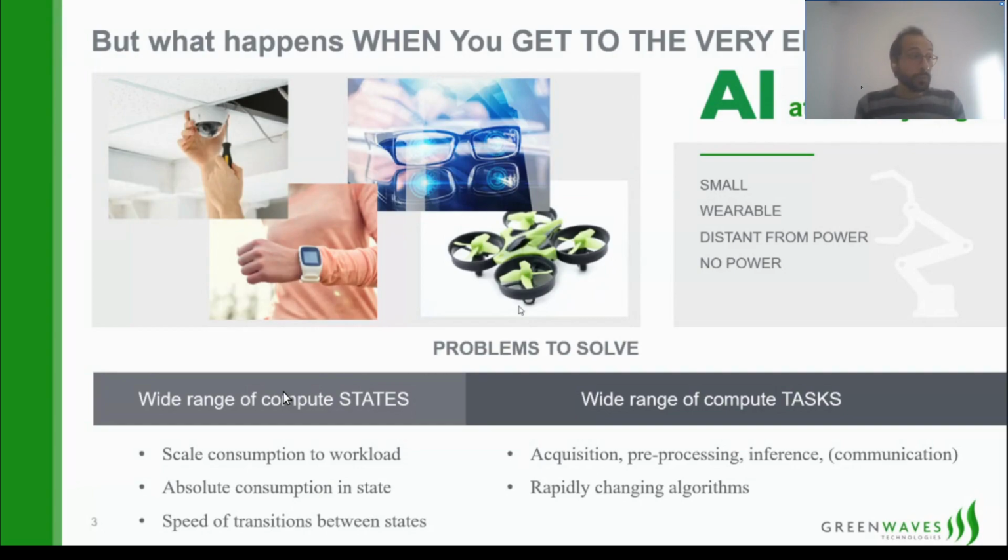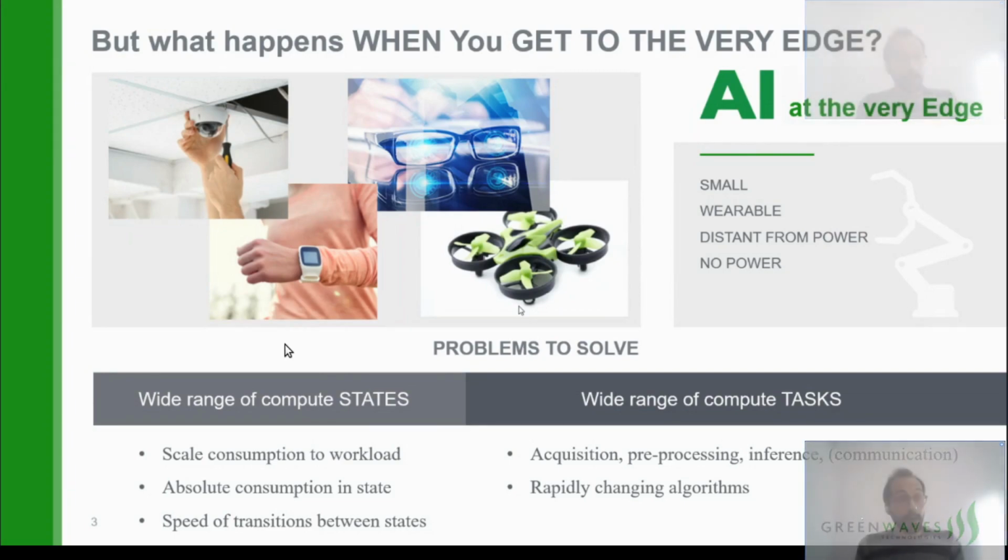And also we need to support a wide range of compute tasks, which can range from acquisition, so drivers, pre-processing, but also standard algorithms related to inference in NN, and other algorithmics.